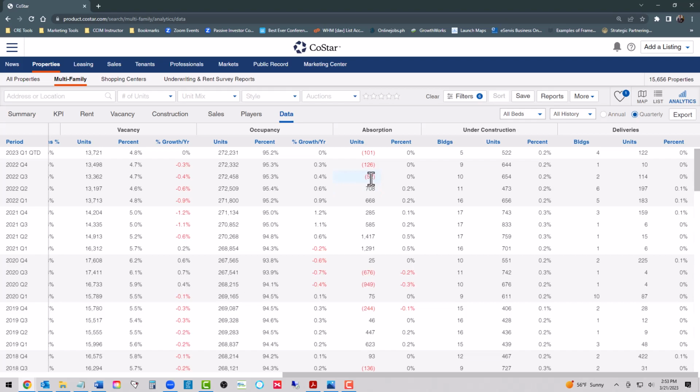And then, of course, the exodus starts at negative 52. So 52 more units went vacant than rented in the third quarter, and 126 more units went vacant than rented in the fourth quarter. But as we can see, we still have really strong occupancy.